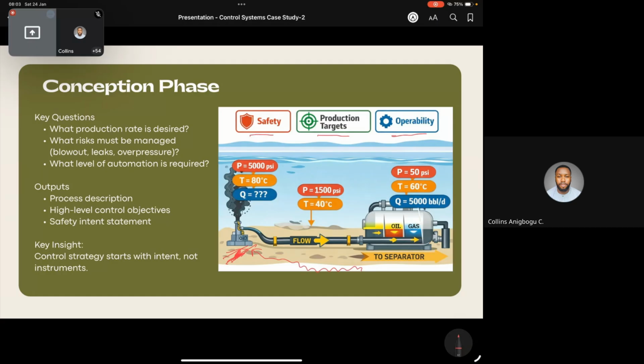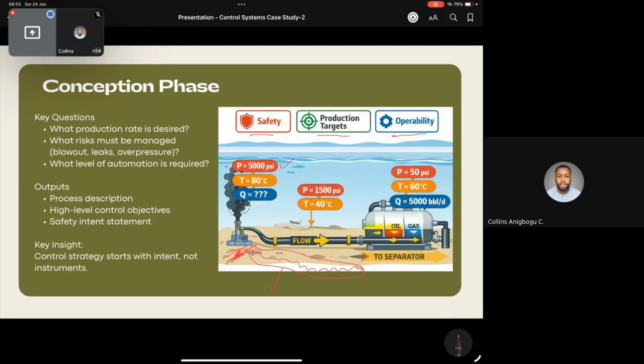You need to factor that in at your conception phase, because this is going to constitute an OPEX, operating expenditure. So how will you design your automation such that you will reduce this OPEX? Right. So these are the kind of thinking that you need to have in mind.